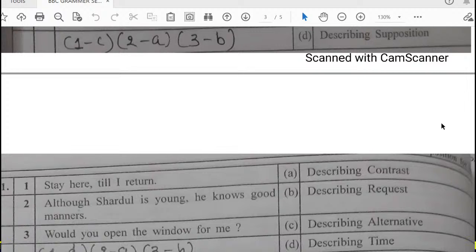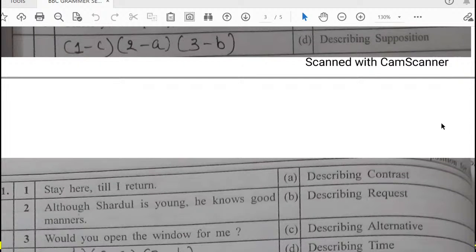We have already taught you that whenever you find till, until, after, before, when, while, these kinds of connectives always suggest time. Right? So the first sentence, stay here till I return. As there is till in the sentence, the answer will be describing time.